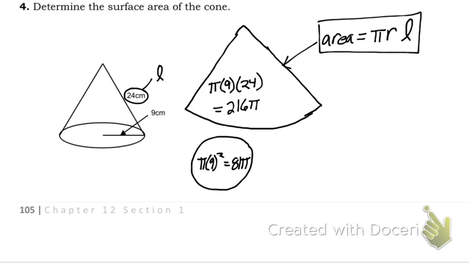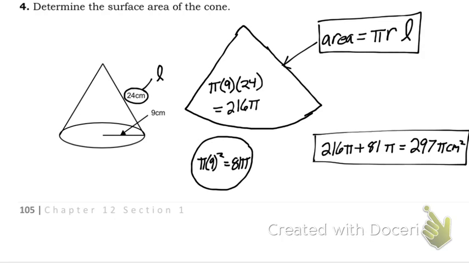All right, so we just have to do 216 pi plus 81 pi. So our total area is 216 pi plus 81 pi, which is going to equal 297 pi centimeters squared.